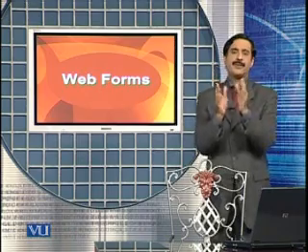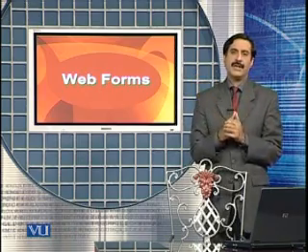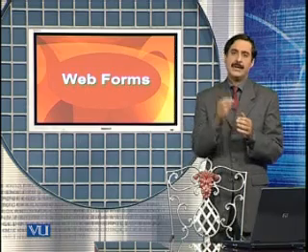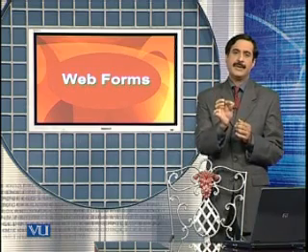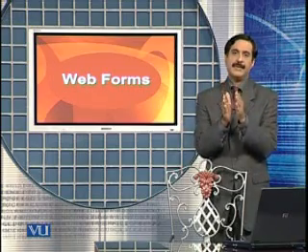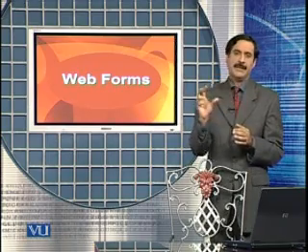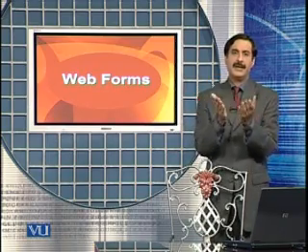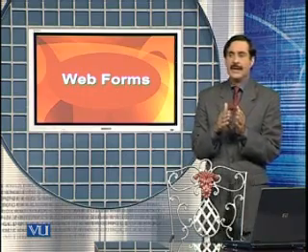For example, wherever we want to display an add button on the web form, we keep the type attribute value as button, and then we use the value attribute in the same input tag, and we can write a label that we want to be displayed on that button. So wherever we want to create an add button, we can keep the type as button, and value we can keep as add. So automatically a button would be created on which the word add would be written.